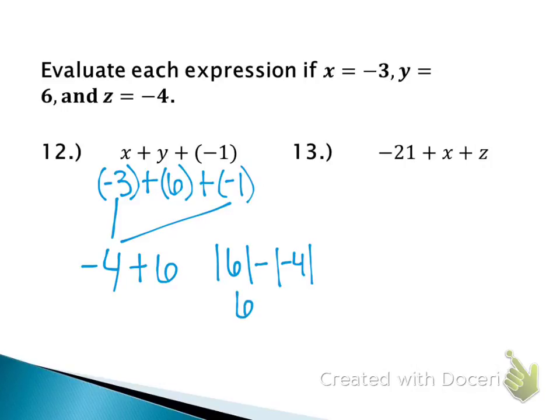The absolute value of 6 is 6. The absolute value of -4 is 4. We end up with a 2. Again, I put this 6 first because it had the bigger absolute value. So the 6 was positive. My answer is positive.